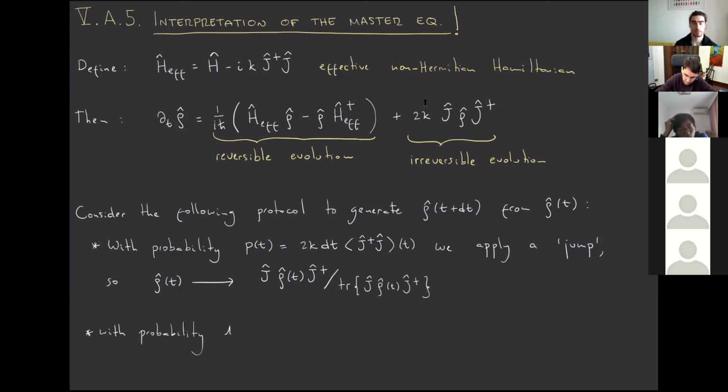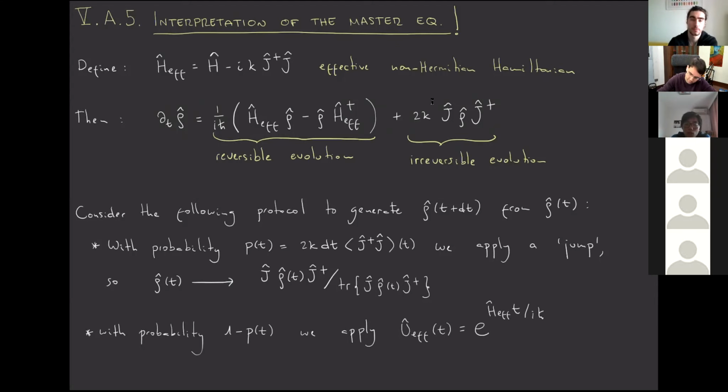the complementary probability, 1 minus P, the experimentalist applies the following operation. It applies an evolution given by this effective time evolution operator that we just defined as the evolution operator associated to the effective Hamiltonian. Okay?